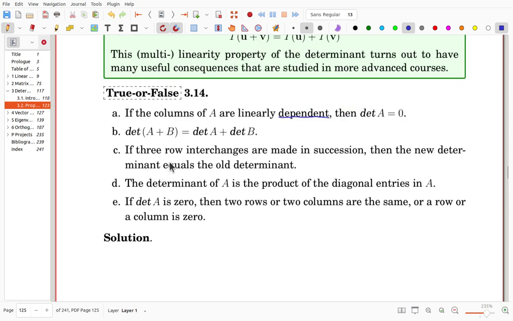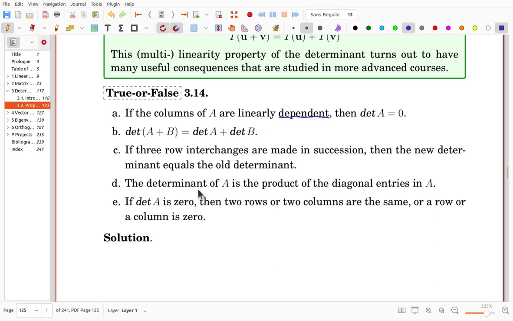If three row interchanges are made in succession, then the new determinant equals the original determinant. Okay, it's not true quite clearly. Each interchange will make the new determinant the negation of the earlier one. So one time makes a negation, two times comes back to positive, and again three times goes to negative. So the statement is false.